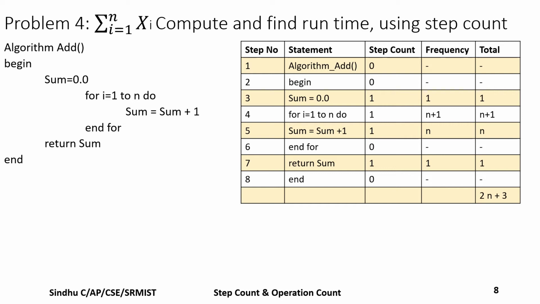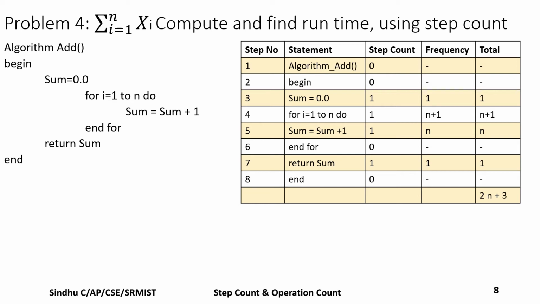And the next statement is sum is equal to sum plus 1. The step count is 1 because it is a normal expression, and this statement is going to be executed n times because it is inside the for loop. So frequency is n. Now you multiply the step count and frequency, you get total n. And end for is a non-executable statement, so step count is 0.